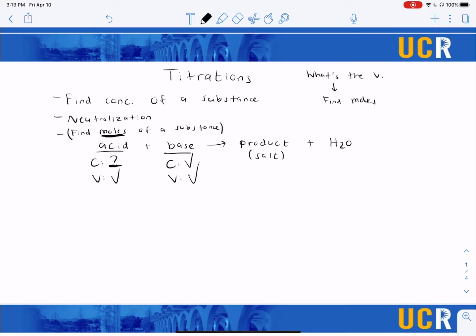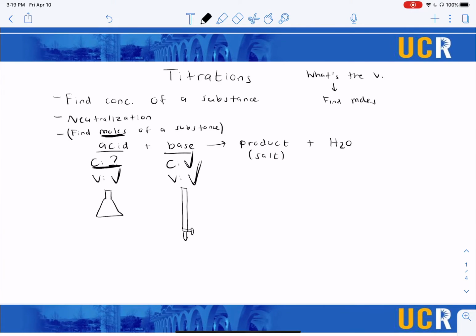And in a titration reaction, it usually looks like this. So usually the beaker houses the acid, the little burette, this is what houses the base. And so your goal is just to find the concentration of your acid, and you already know all this other information.